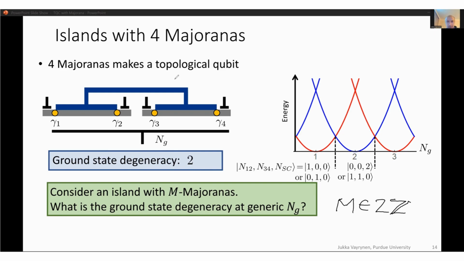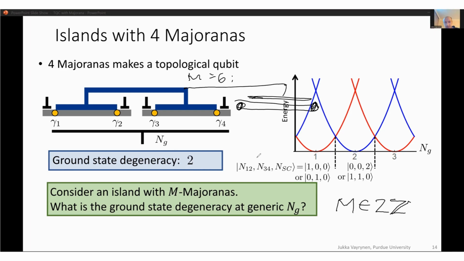And when I say generalize the system, you add another superconductor that goes like this, and then another wire here, 2 more Majoranas. This would be like m equals 6, and so on.